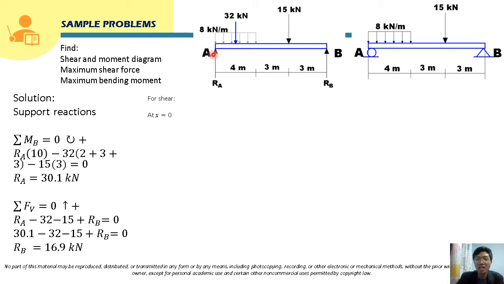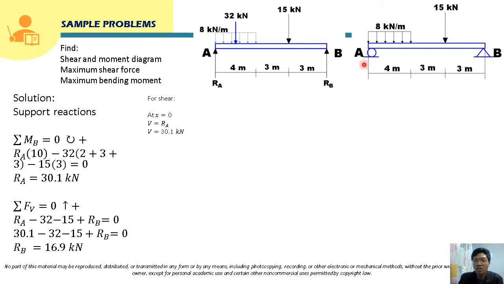So the shear at this point will just be equal to the reaction force here, which is R sub A. Therefore, at x equal to 0, the shear force is the value of R sub A, which is 30.1. So that is the shear at x is equal to 0.